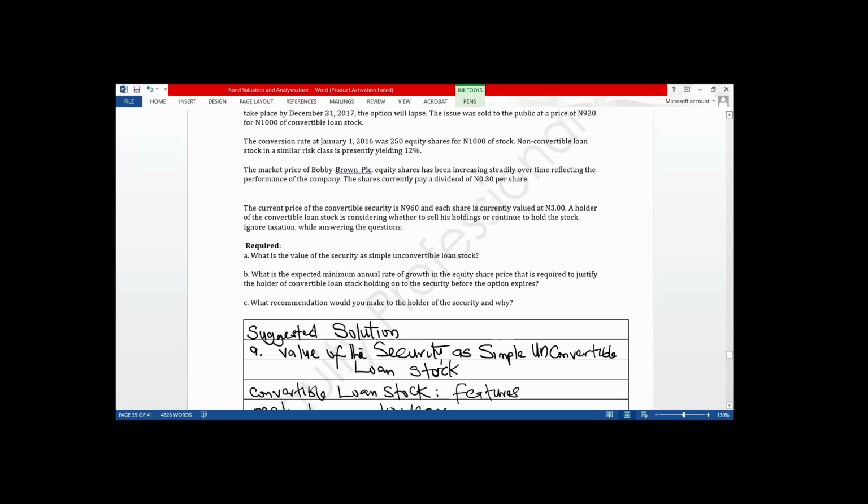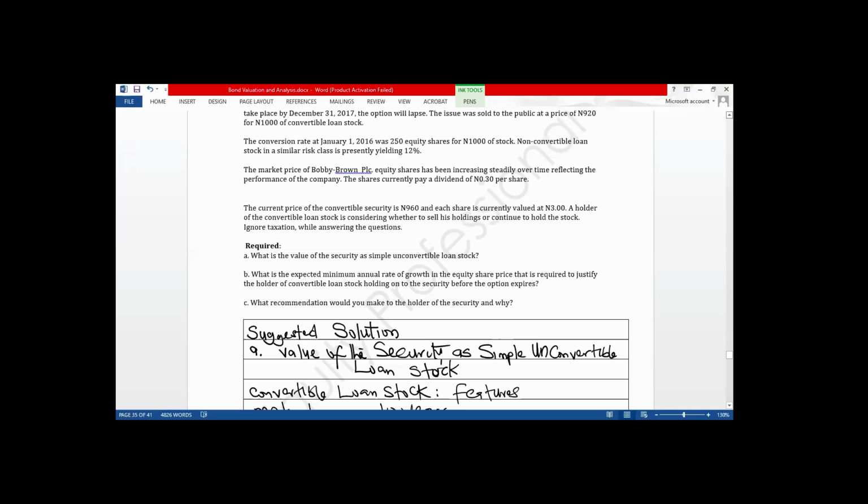In that case, the order will be making a profit of 40 naira, because the issue price was 920. That means the order paid 920 at the time the order purchased the bond. Now the price was 960. So the order can get 960 immediately.